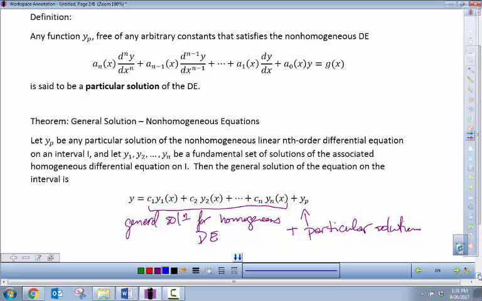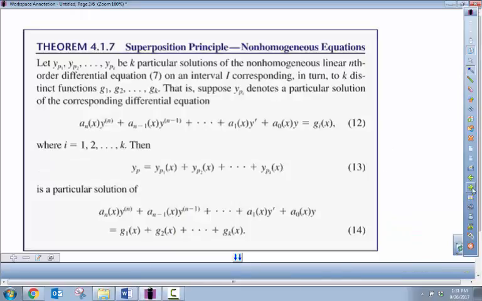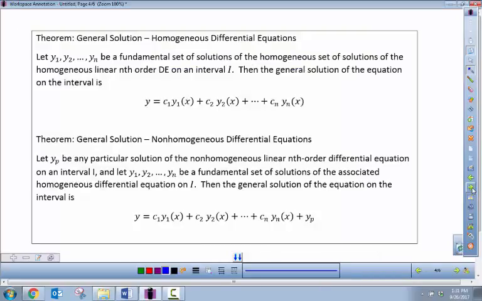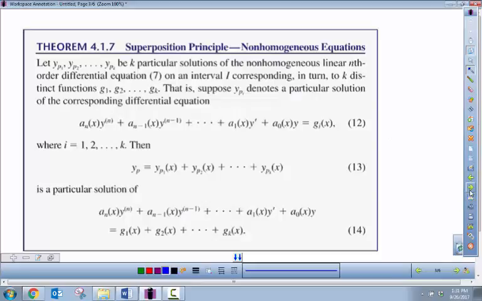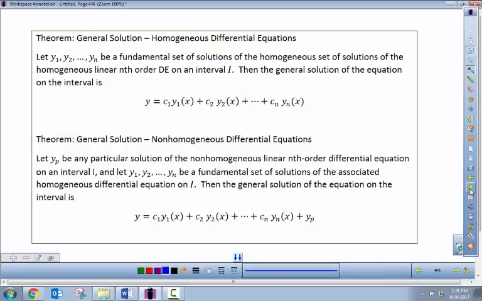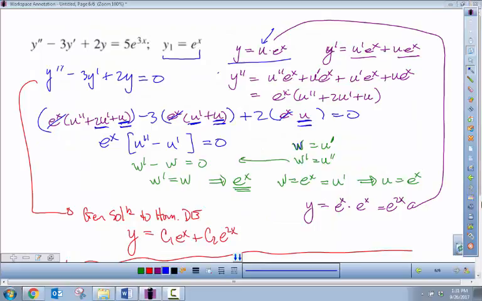I don't think it says anything significant here. Here they're assuming that you already have particular solutions, given to us in the form of line 12. Then how do we know what our i value is? In this case, there's only one i value because we only have one term on the right-hand side.